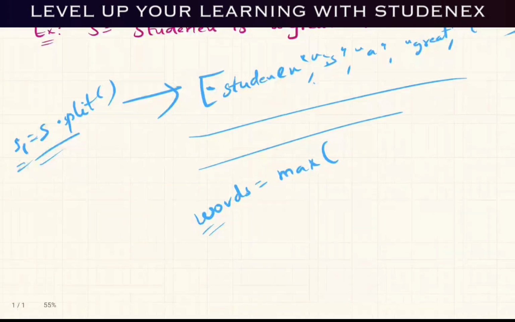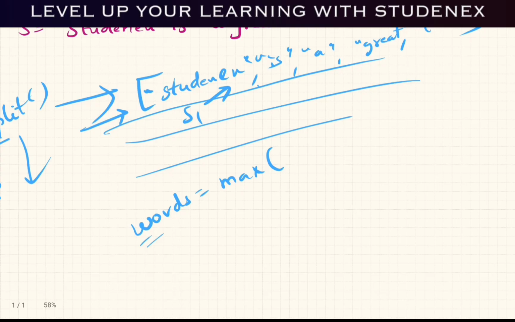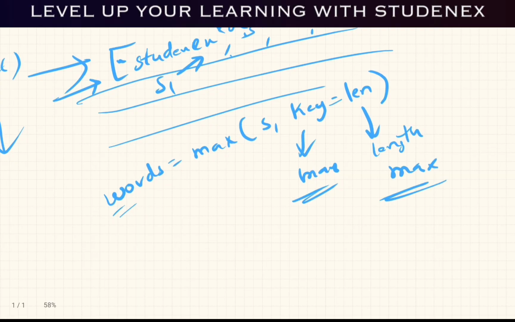This is S1, where we stored the input string and split it. This whole array is S1. So I'm accessing S1, comma, by what key? I'm finding them by length, which has the maximum length. I need that particular value.